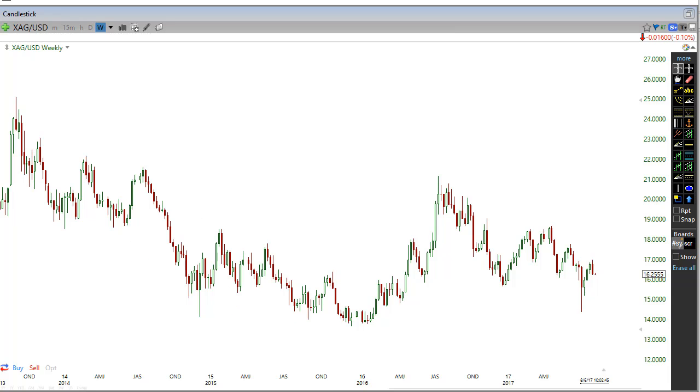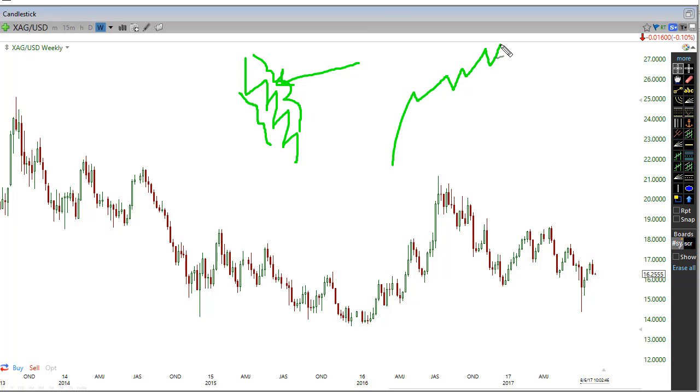In a downtrend, we have lower highs and lower lows, but the most important part is that the sellers keep making lower highs. In an uptrend, we have higher highs and higher lows, but the most important part is seeing the buyers making new highs.